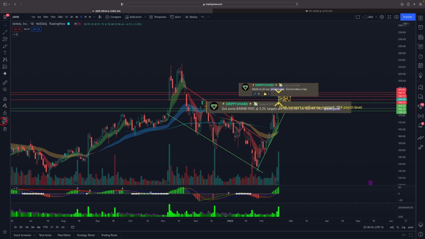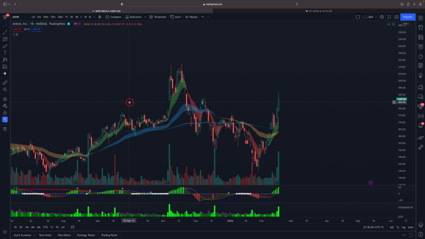Now, how do you draw the levels? You can see clearly that this 186 level is key here, because this was the swing high. So this is one level I'm watching when the market is open, and it's a key pivot area. And of course we have others on lower time frames.